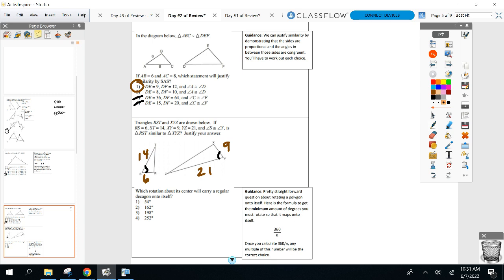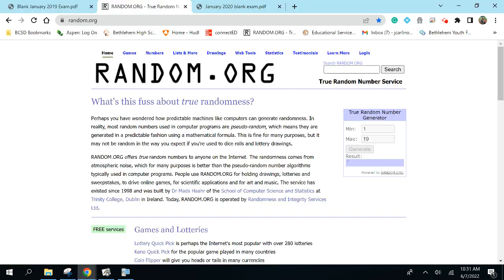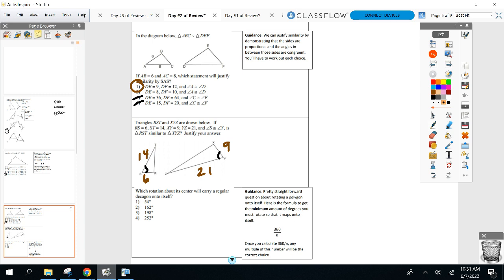Were these 2 triangles similar or not? Similar? Yes, they were. By what method? Yep. Perfect. Side angle side similarity. Because if you did the proportion, 6 over 9 is the same ratio as 14 over 21. And the angles in between them.